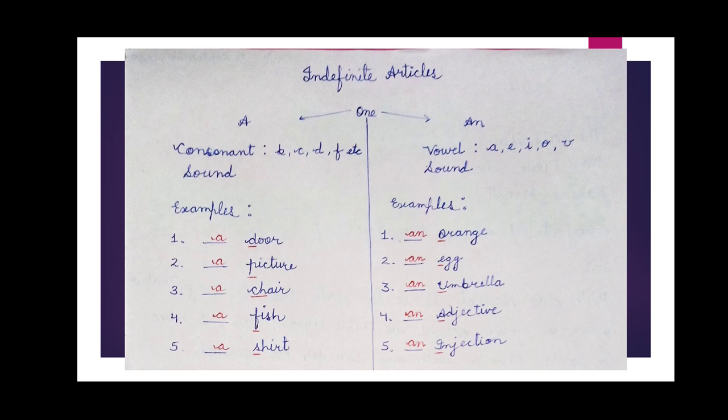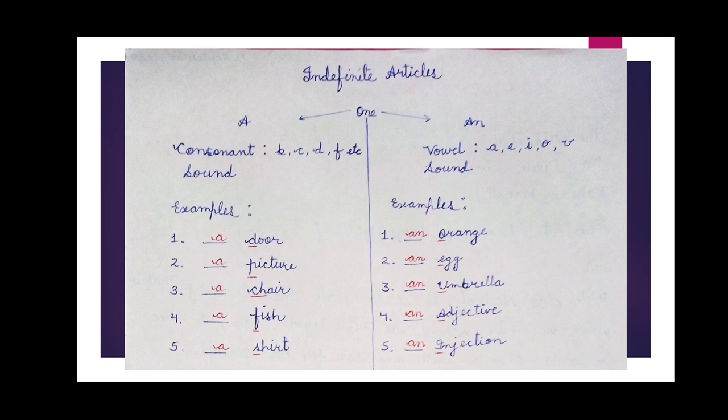Number 3 is umbrella. The first sound is u, so we will use an umbrella. Number 4, adjective. The first sound is a, so you would use an adjective. Number 5, injection. The first sound is i, so you will use an injection.